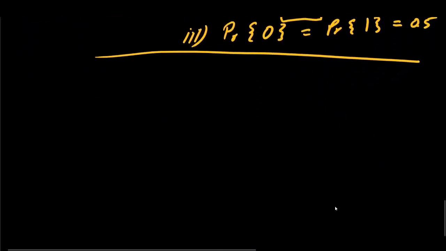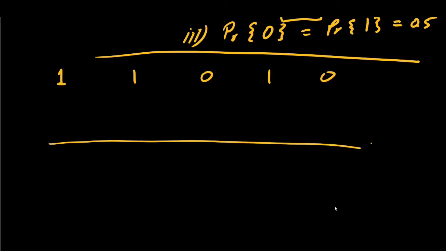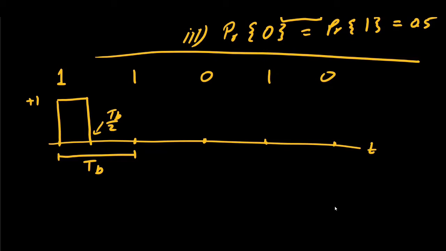Now let us take a random signal, say 1, 0, 1, 0, and based on the preamble above, this is the duration of bits, that is, the time period TB, and for plus 1 we have a voltage of plus 1 and it terminates at TB by 2, that is, it returns to 0, and after that again for 0 we have a minus 1 and then it returns to 0 and so on.